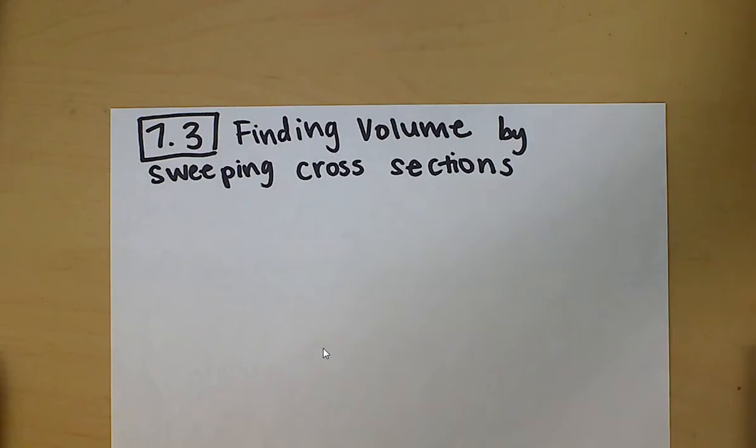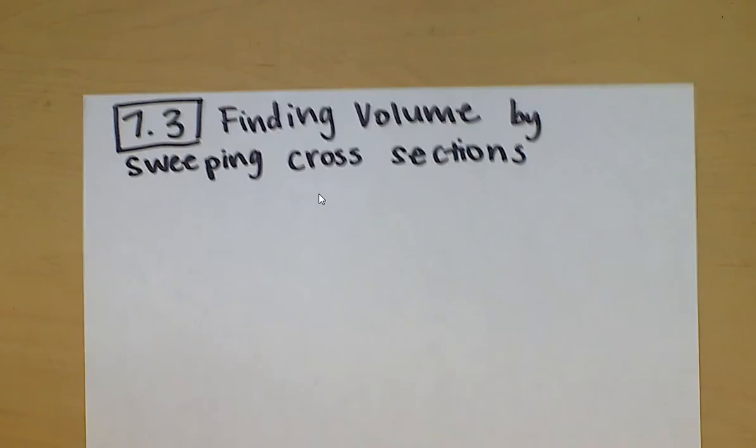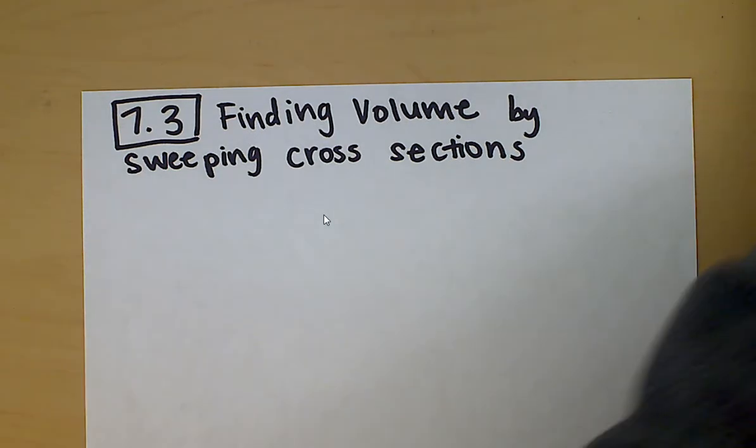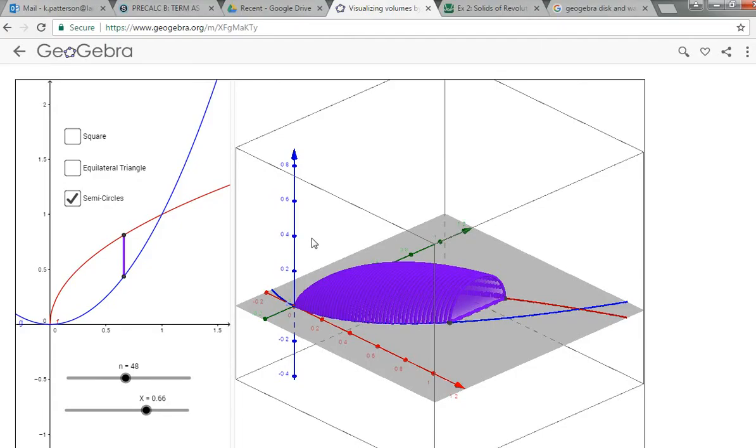Finding volume by sweeping cross sections. I'm just going to write down what our general definitions are going to be. We're going to have two of them, depending on if we're sweeping perpendicular to the x-axis or perpendicular to the y-axis. In these cases, as you can see, this purple bar is moving perpendicular to the x-axis.